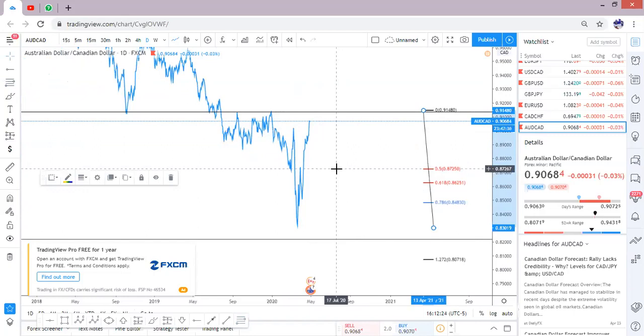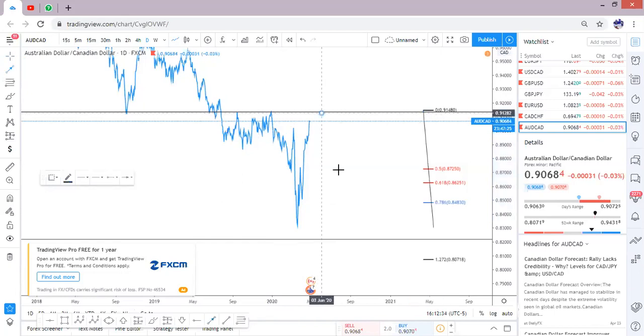Certainly, if the price comes back here, then we are going to have a drop to around our 618 area.